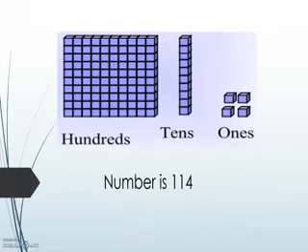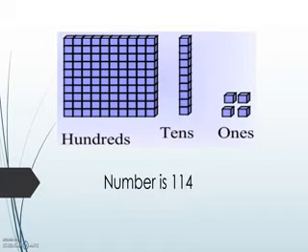Okay. Now look at the blocks here. This memorizes it. Always you remember this. This is a hundreds block, this big, big rectangle shaped one. Now this one will be the tens block. These are ones blocks. How many ones block are there? 1, 2, 3, 4.